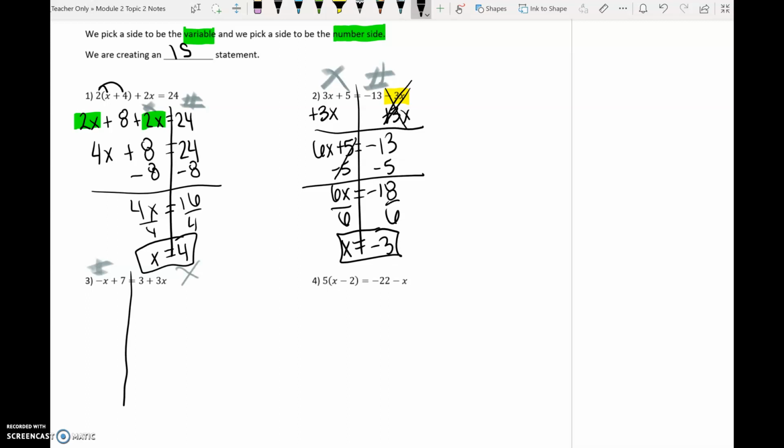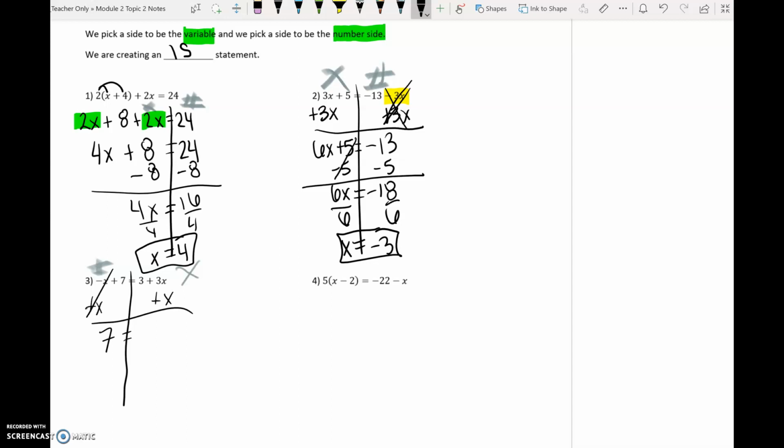The reason I'm doing that is because the 3 in front of this x is positive, whereas this one's negative, and it's just a lot easier to work with positive values. So if I want all my x's on this right side, I'm going to have to move this negative x. I'm going to have to do the opposite. So the opposite of this minus in front would be to add it.